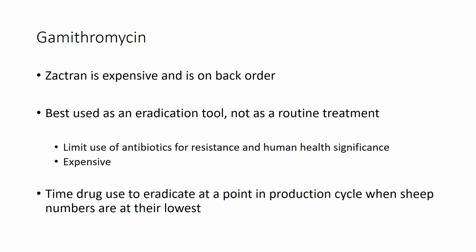That's generally going to be after weaning, after the lambs are sold, maybe late gestation, sometime when the numbers on the farm or ranch are at the very lowest. That is the most effective way, and also probably the cheapest way, to use this as a method to eradicate foot rot. And then, of course, I'll say it one more time: do everything you can not to reintroduce the nodosus bacteria back into the flock.